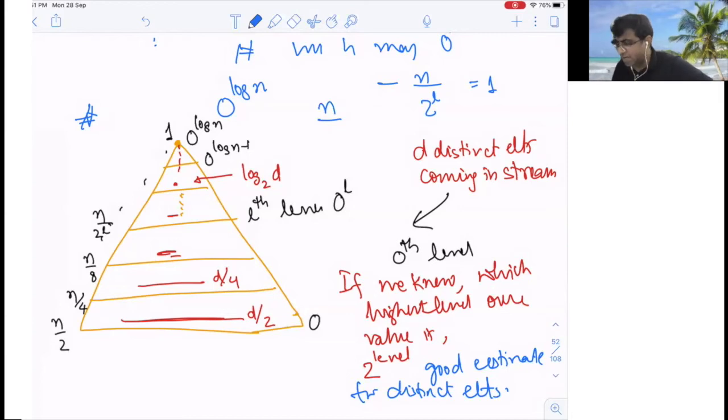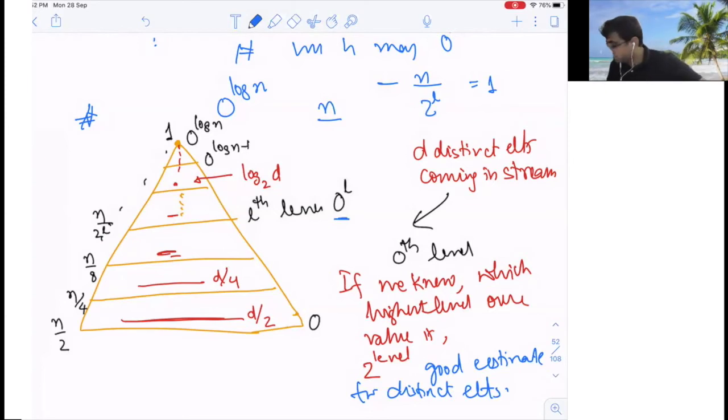And it's very easy to see what the highest level is, because what were we doing? We were just checking 0 to the power L. I look at my hash values, I look at how many zeros it has at the end, and I just map it to that level.